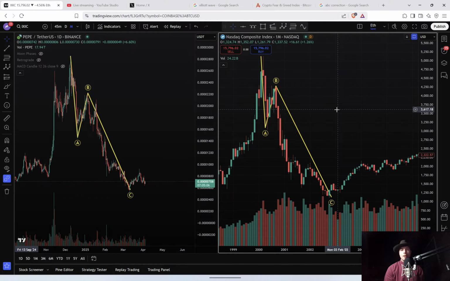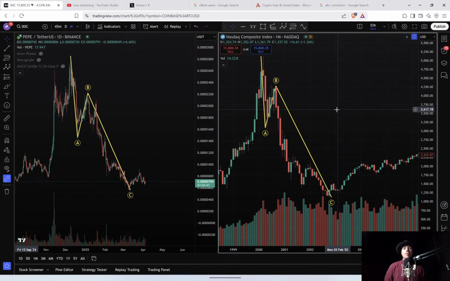It doesn't matter what you're looking at. Why do I personally trade crypto? Because it moves faster. The stock market takes forever to move. And additionally, crypto has bigger percentage gains.